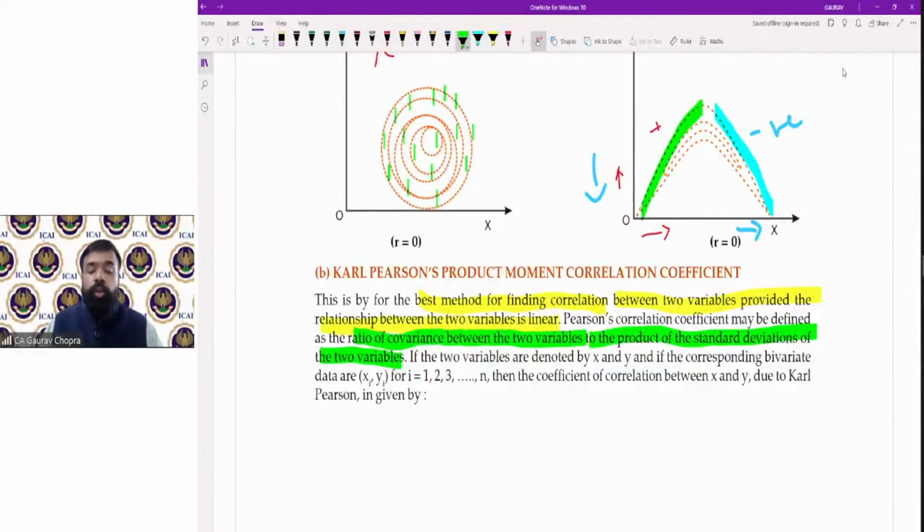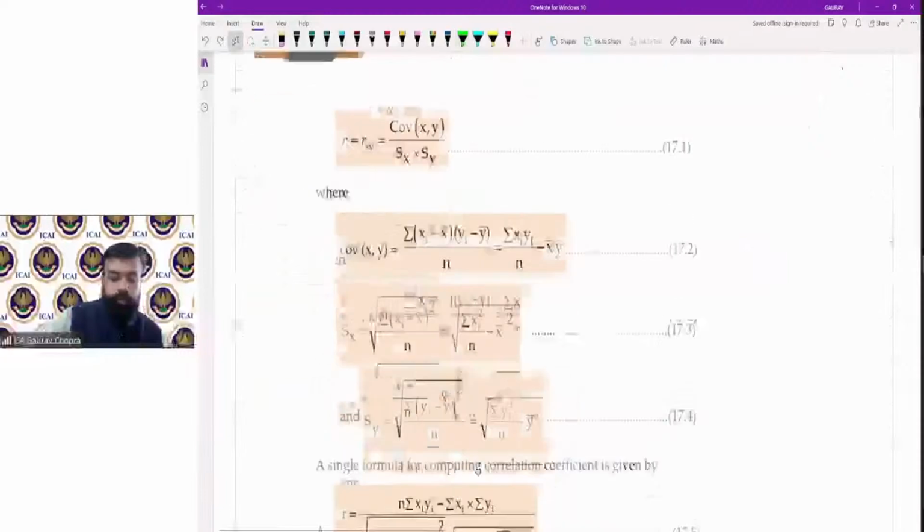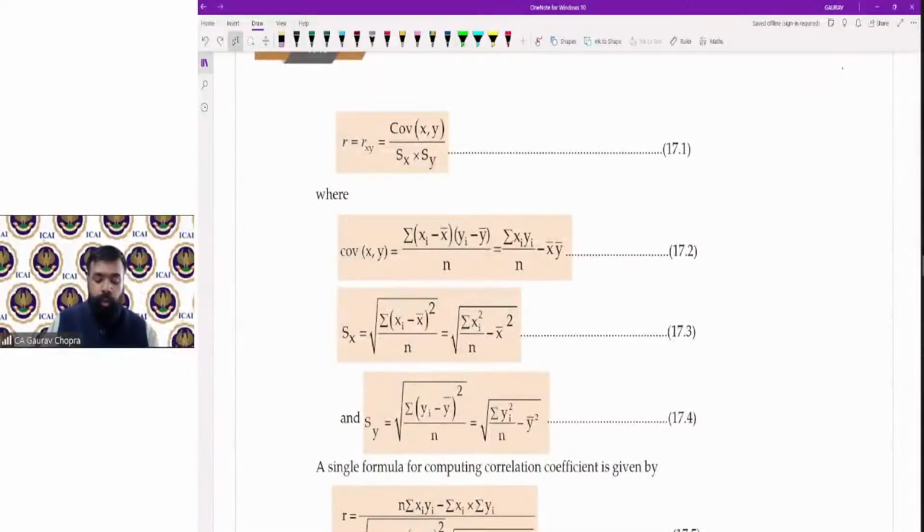The ratio of covariance between the two variables to the product of standard deviation of two variables. Now, this is the definition, and using this definition, we can write down the formula. So the formula says correlation is equal to covariance divided by standard deviation of x multiplied by standard deviation of y.